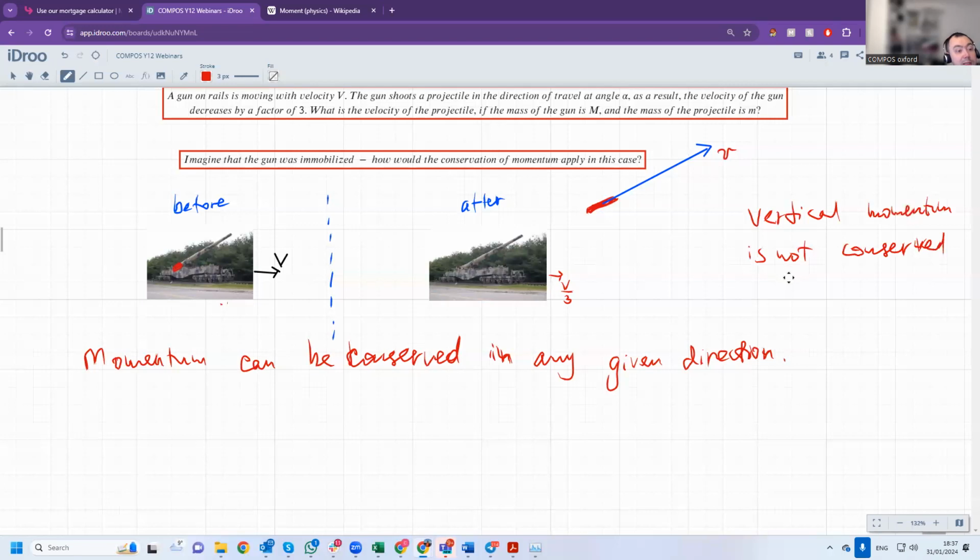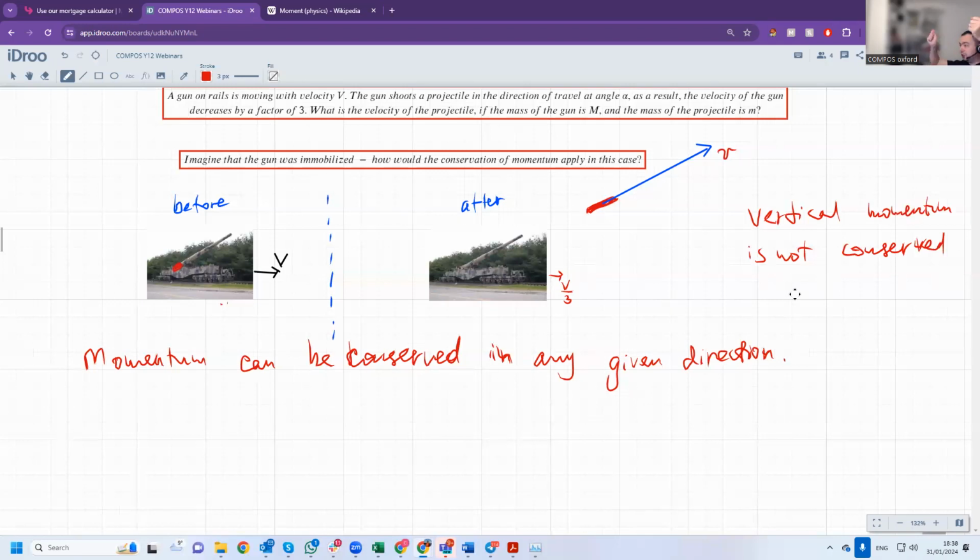Thank you, Archie. The reaction force from the ground is the external force. There is an external vertical force, which is the reaction from the ground.